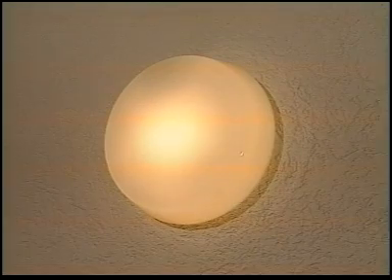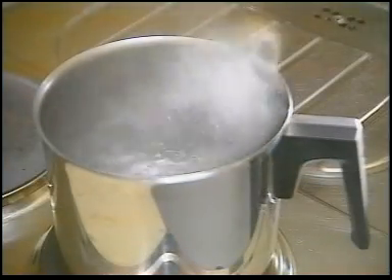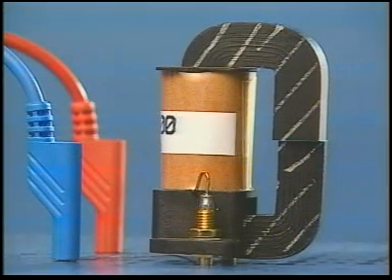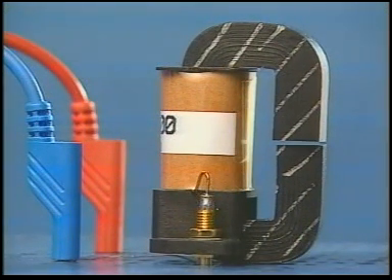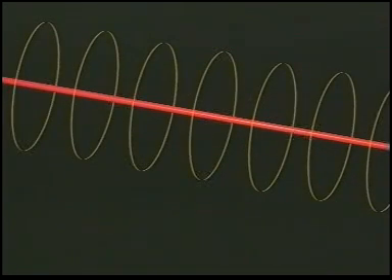So far, we have looked at two effects of electrical current, namely light and heat. Another important effect is the magnetic effect. When a current flows through a conductor, it generates a magnetic field, the strength of which is proportional to the current.